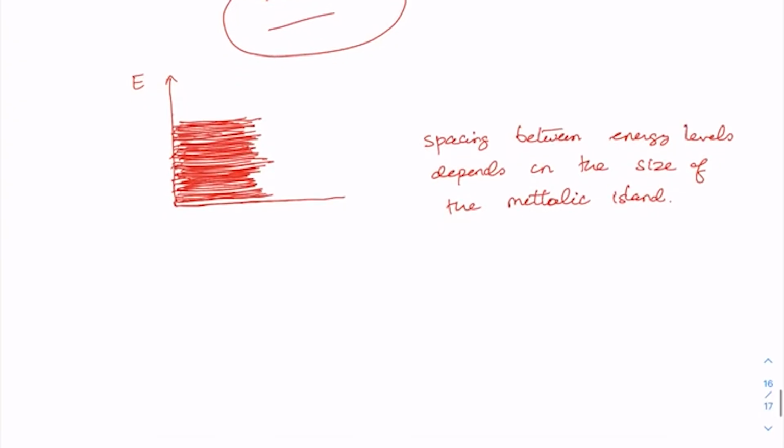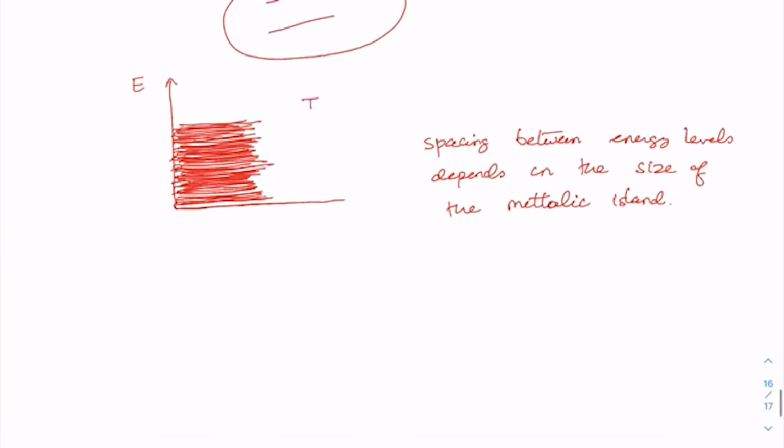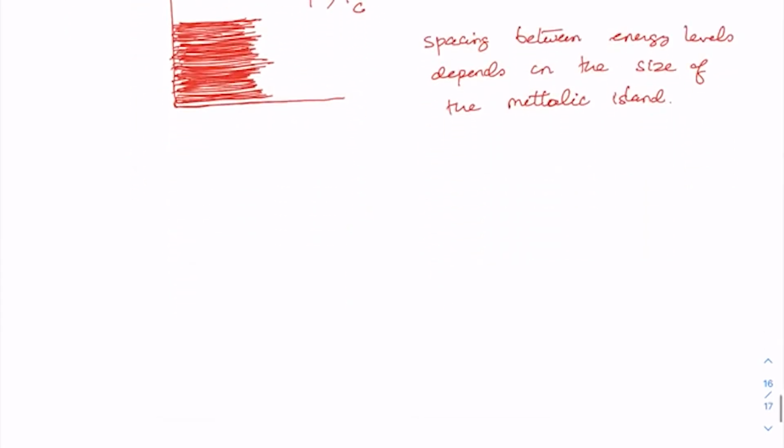This happens for temperature greater than the critical temperature or the transition temperature, where the superconductor would be a metal. But if we now consider a superconductor, things are quite different. Let me talk about a superconductor here, or superconducting islands.